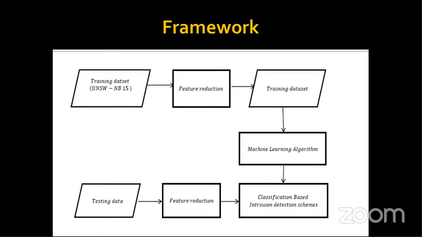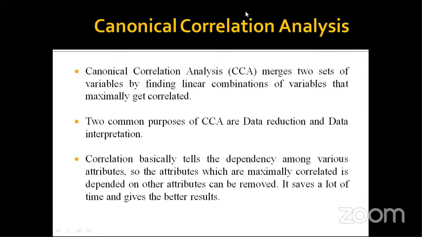We have used 7 types of classifiers which classify the normal data and the attacked data. I'll show that in the next slide. So we are going to take the testing data, do the dimensionality reduction, and finally classify using the different intrusion detection systems applied on this data set, that is, the UNSW NB15 data set.